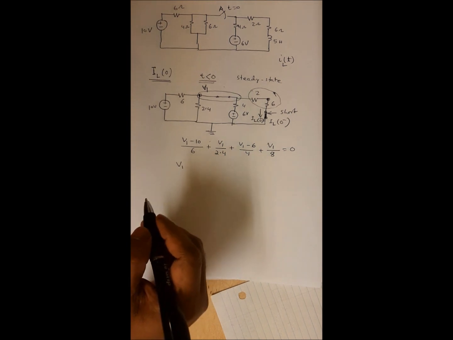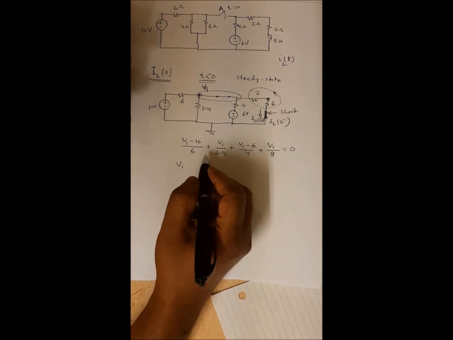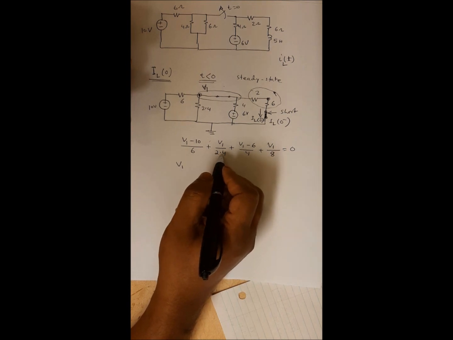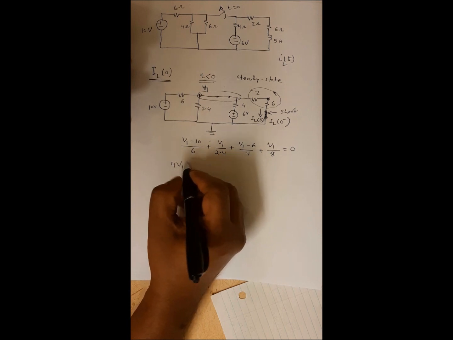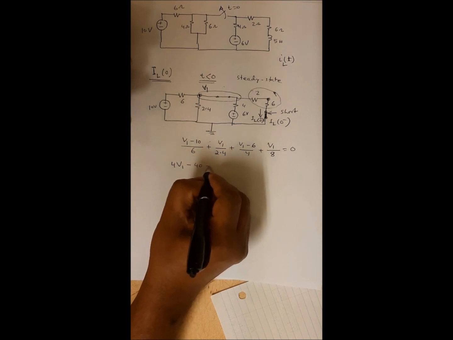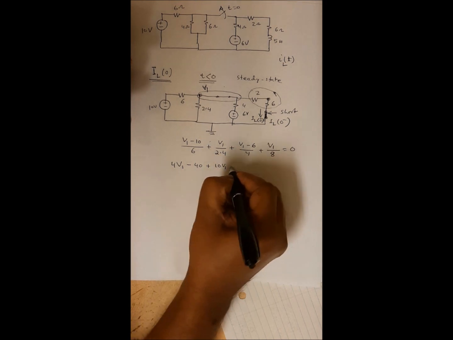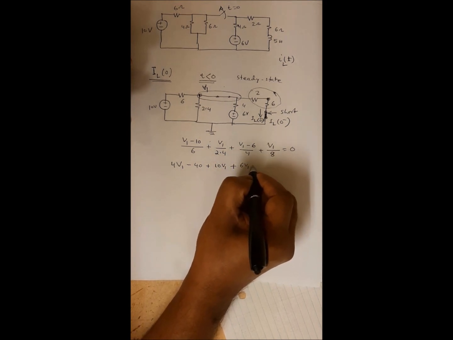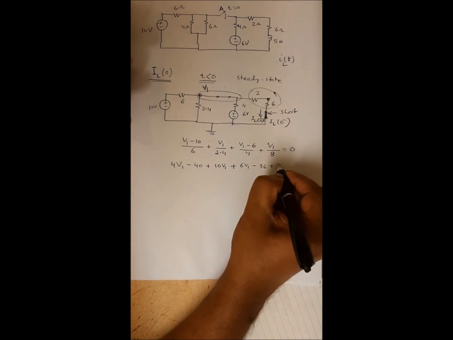So if you solve for V1, multiplying by 24, so it will be 4 minus 40, so this will be 10, 6 V1, 36, 3 V1.